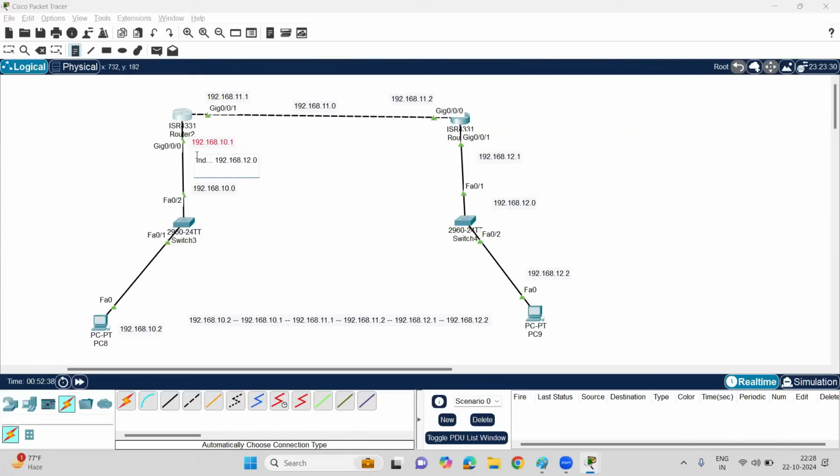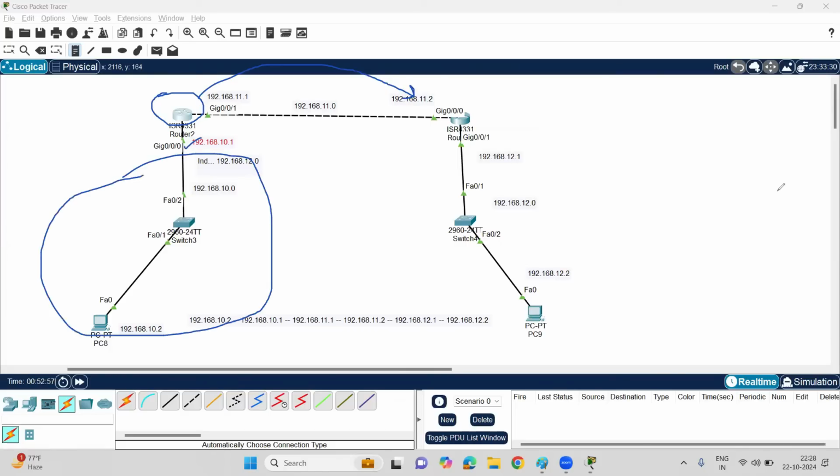The IP address of the interface that is responsible to forward the data to the other side is what? For this router, this interface is the gateway, right or not? Likewise, this interface was the gateway for this local area network, right or not? In the same way, this interface IP will be the gateway for this router.